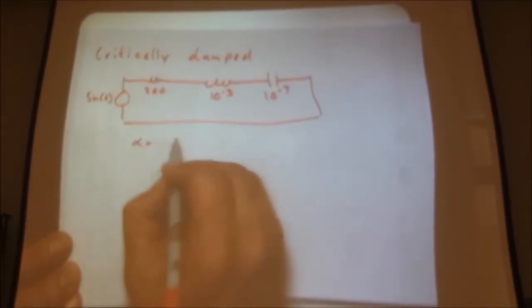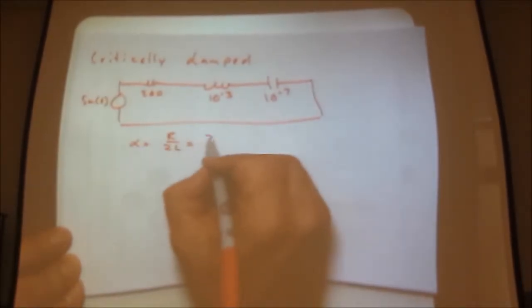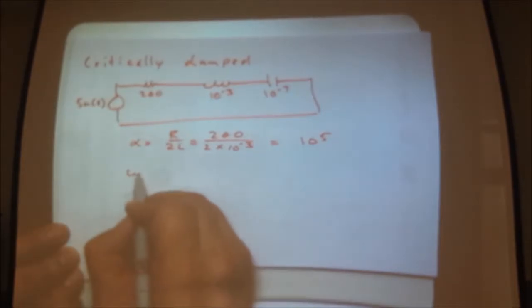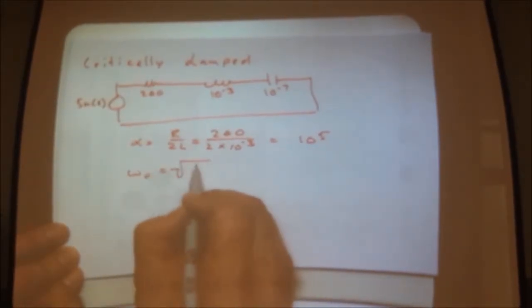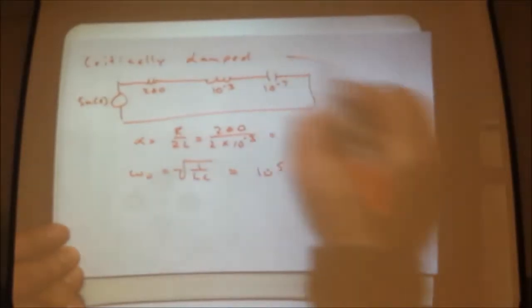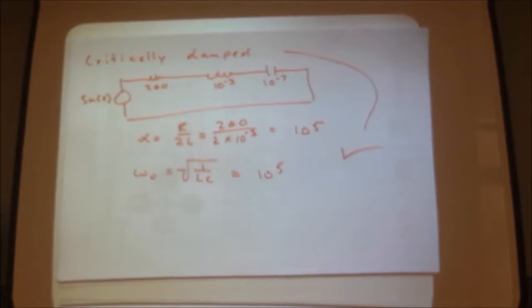Well, alpha is R over 2L, 200 over 2 times 10 to the minus 3, and lo and behold, that's 10 to the 5th. Omega naught, square root of 1 over LC, and again, 10 to the 5th. Yes, it's quickly checked. And so I did pick the right numbers.